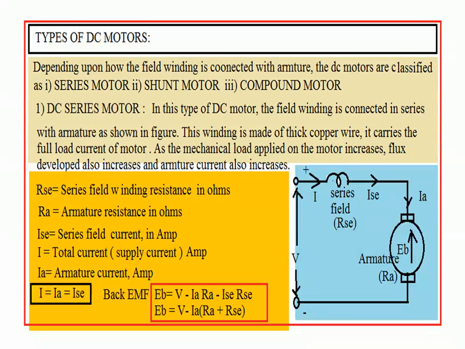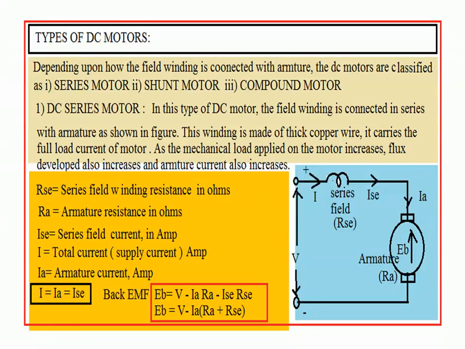Series field winding has the resistance RSC and armature winding has the resistance RA, and ISC is the series field winding current, IA is the armature current, I is total current. Now from the diagram it is clear that all three currents are in series, hence I equal to ISC, ISC equal to IA.